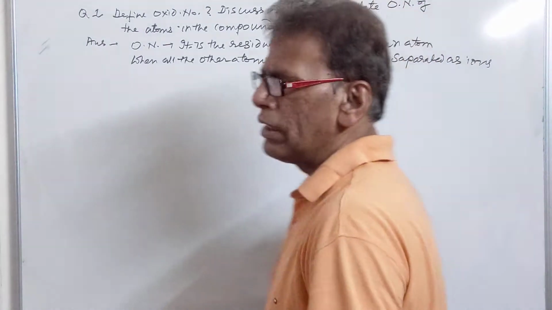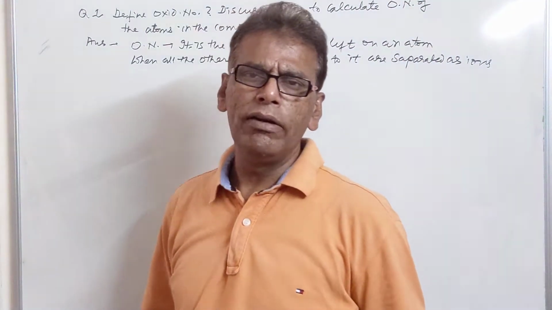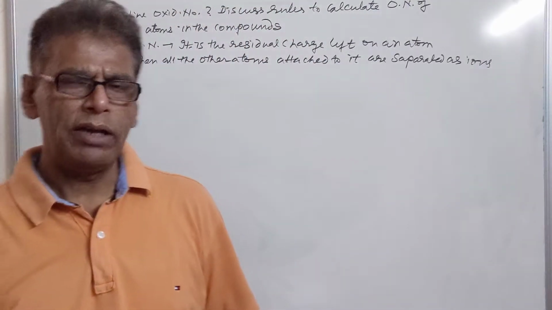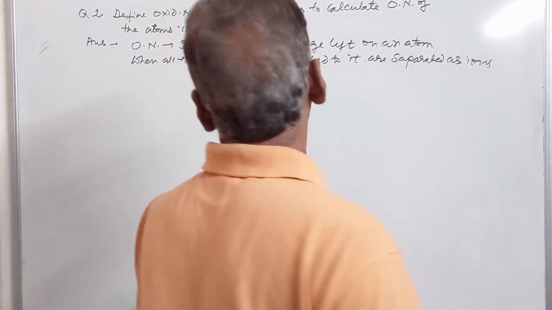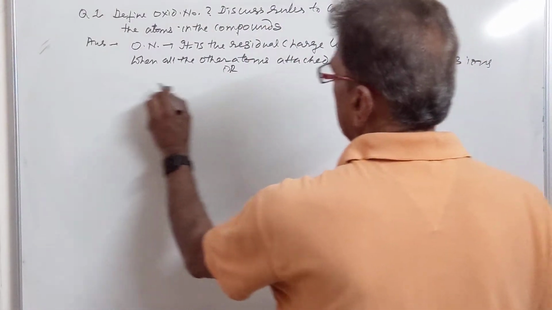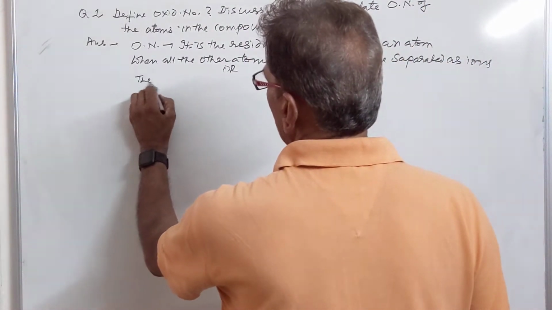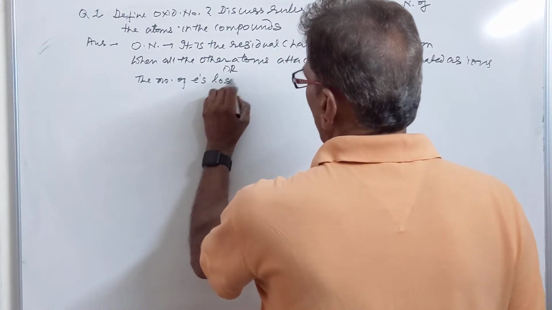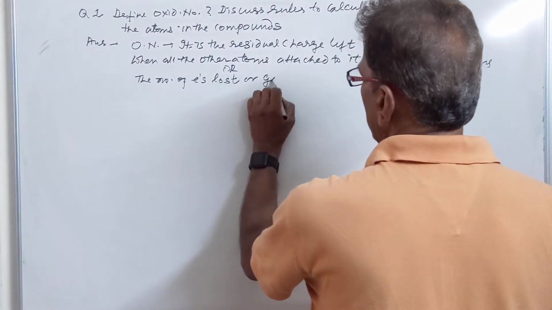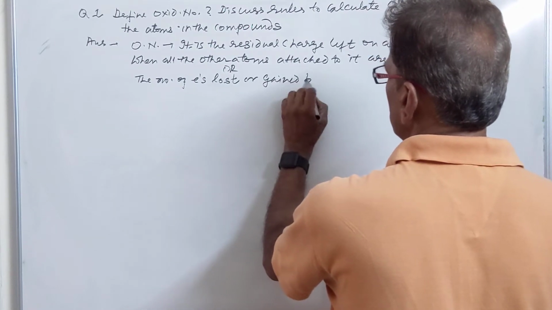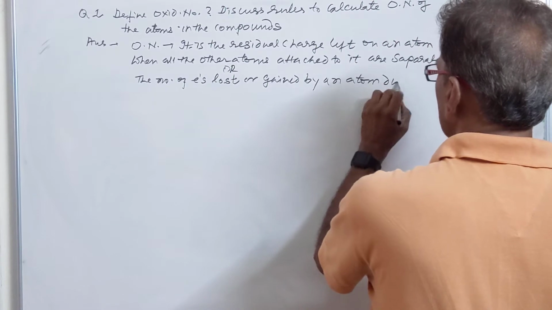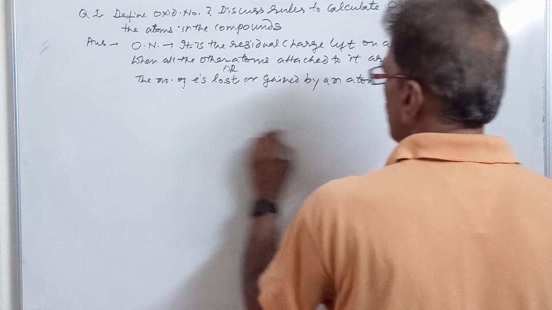So it is the charge left on the atom when all the other atoms which are attached to it in the compound are removed as ions, or in other words we can say it is the number of electrons lost or gained by an atom during compound formation.